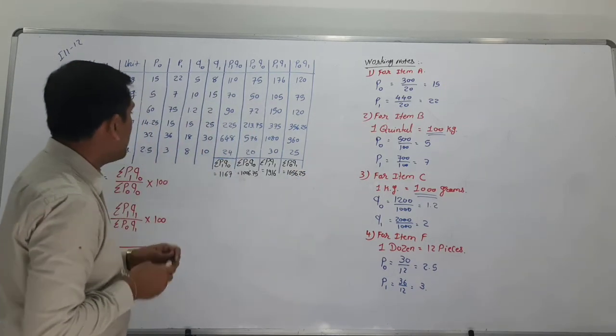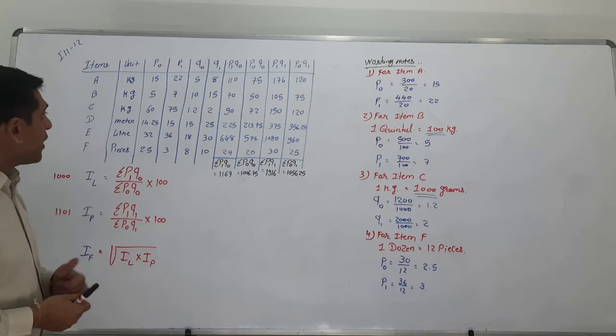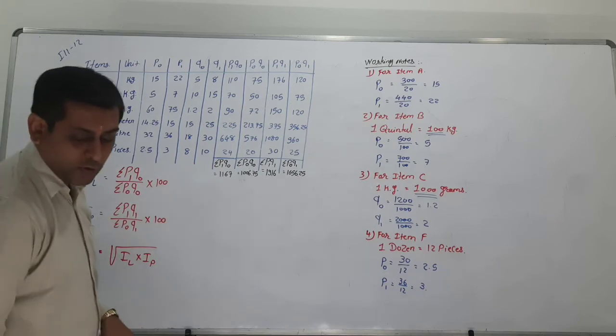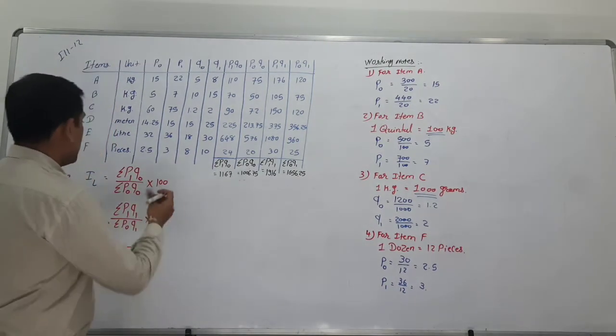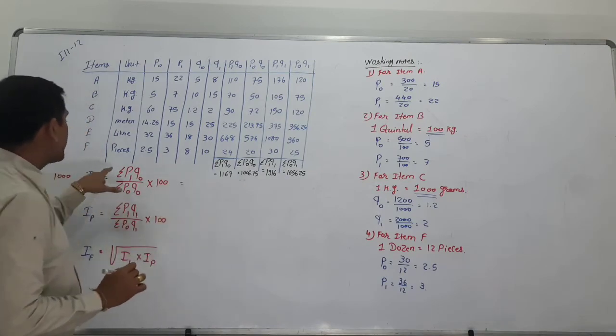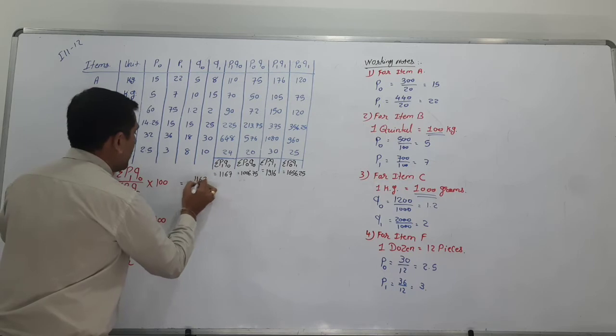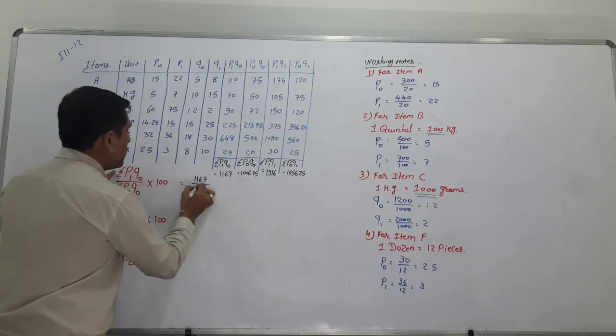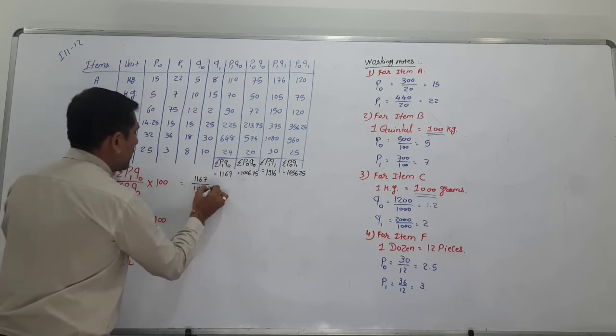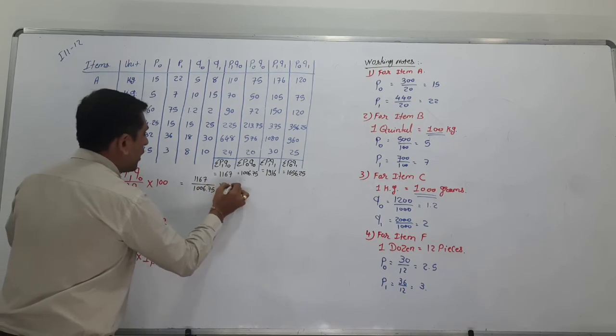Okay, so here I am completing the multiplication. Now just put the value into the formula. Sigma P1 Q0, that is 1167 divided by 1006.75 into 100.